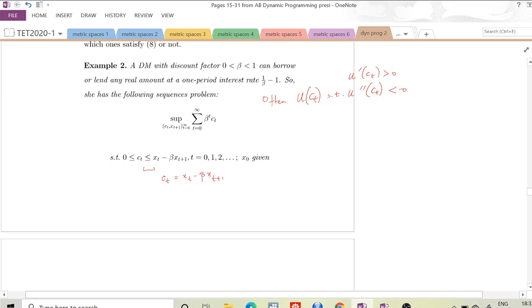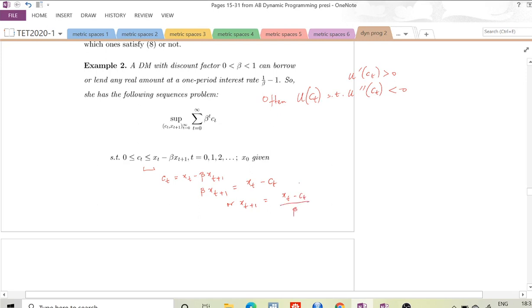So what is this saying? If I rewrite that, it's saying beta xt plus 1 is equal to xt minus ct, or xt plus 1 is equal to xt minus ct by beta.